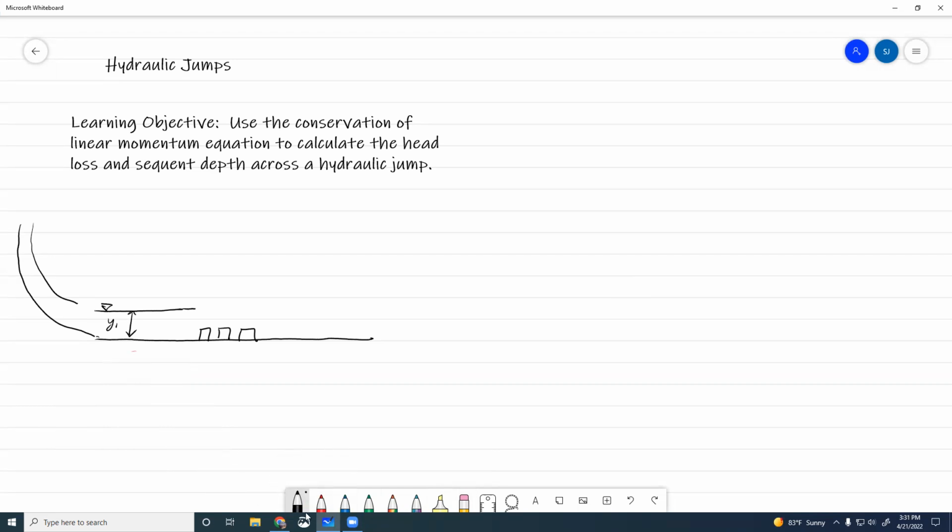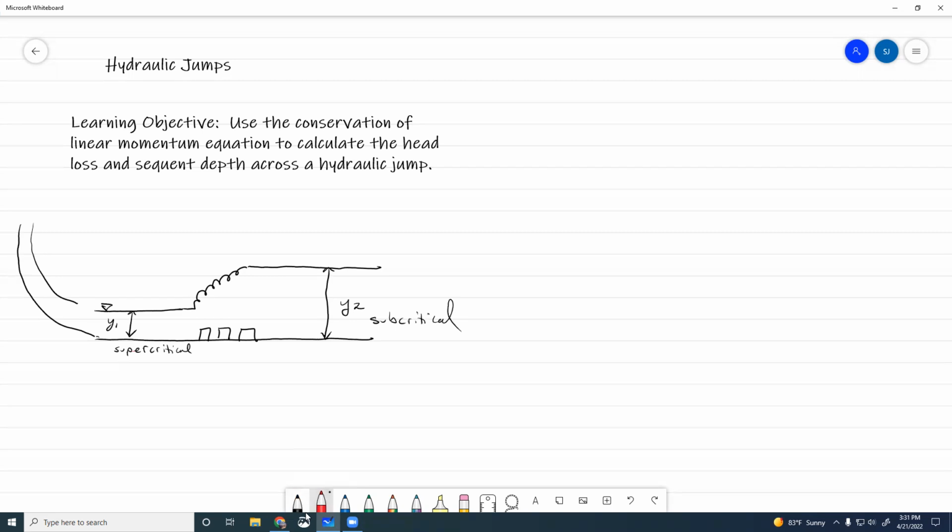So it encounters this, we have a hydraulic jump, and then at some point downstream, we get subcritical flow. So this is supercritical. This is subcritical.